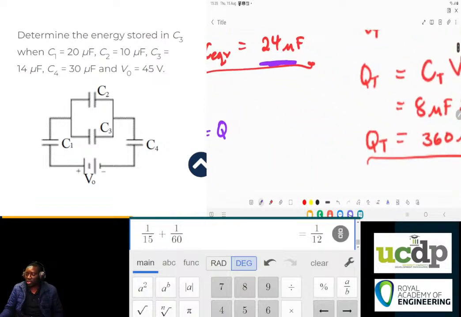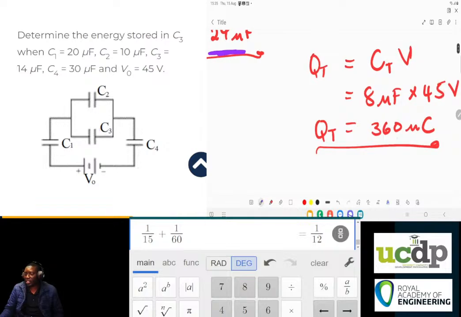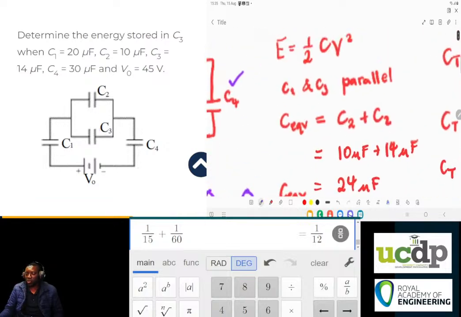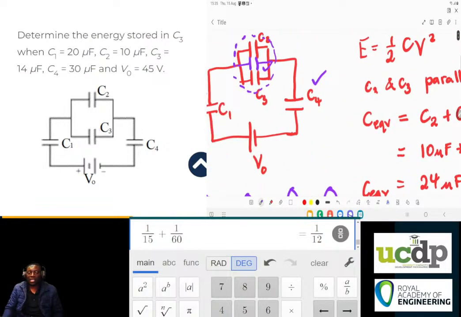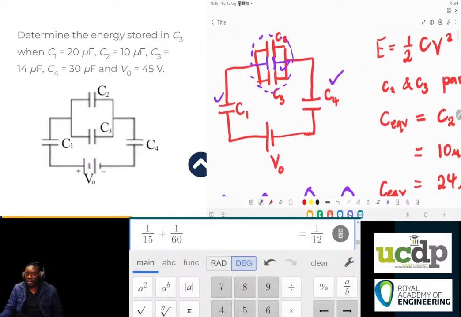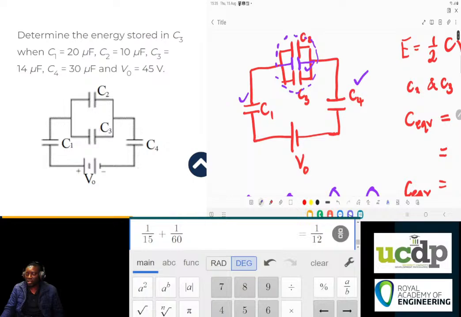And we say that the total charge on that combination of capacitors is still 360 microcoulombs, same as the total charge of the whole system, because now we have a series connection. This is now a series connection across the set of capacitors from C1 through C equivalent through C4 and back to the circuit.